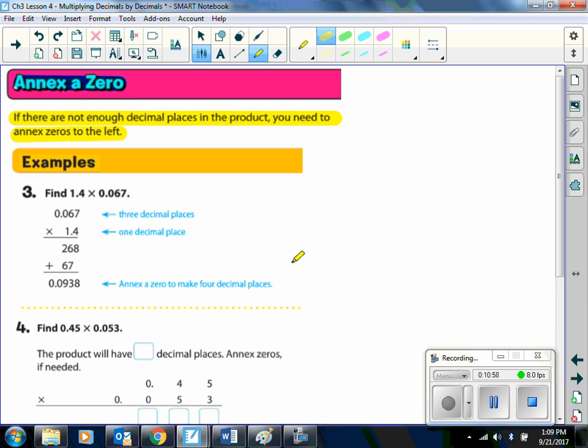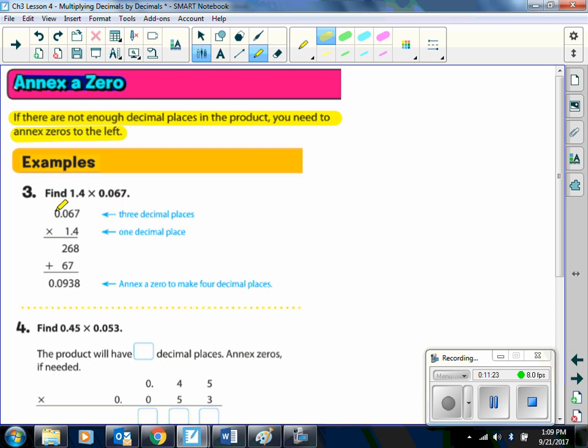So, for example, here, example 3, we want to find 1 and 4 tenths times 67 thousandths. Now, when I have a problem like this, you guys, I like to put the longer one on top. Okay? It just makes it easier for me to deal with. And I think you'll see that in the books too. So, I like to put the longer one on top.